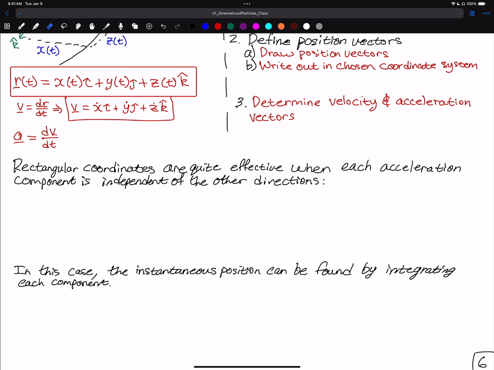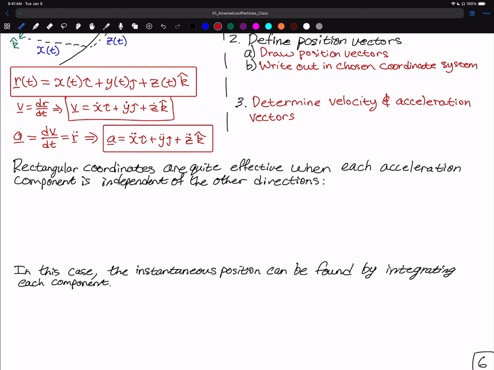In fact, let's keep using a for now. We'll write this is equal to r double dot. And then a is equal to x double dot in the i direction plus y double dot in the j direction plus z double dot in the k direction. That's our acceleration here.